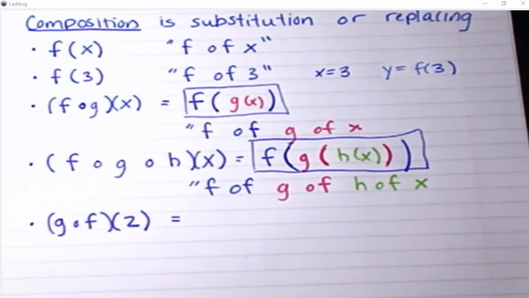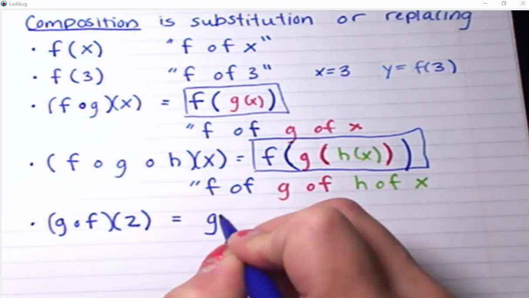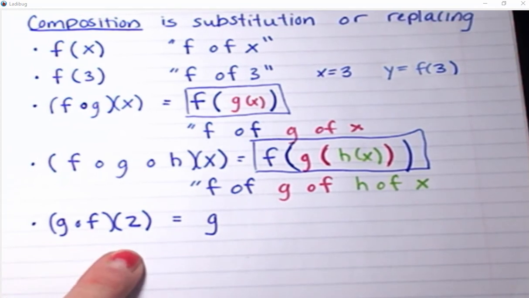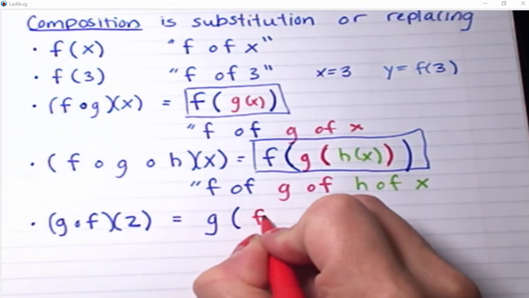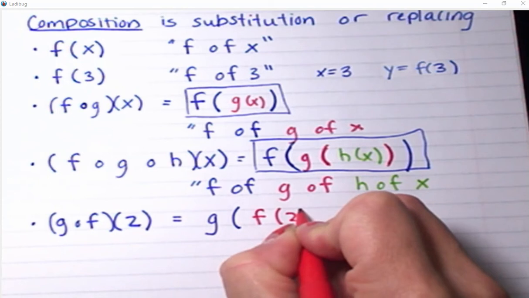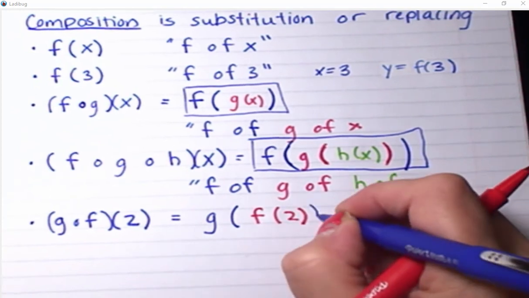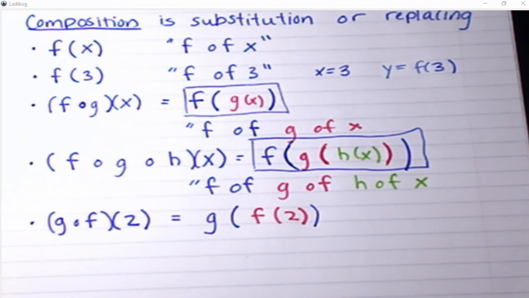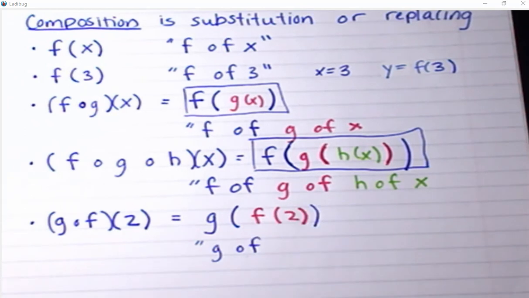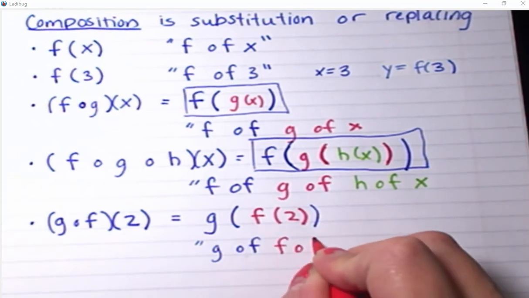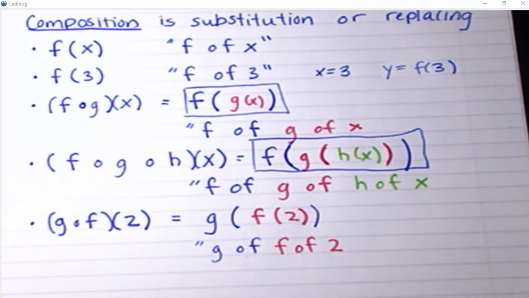That's always where I would go, right? You've got to translate the notation. Okay. g, we read left to right, so I'm starting with g of f of 2. All right.